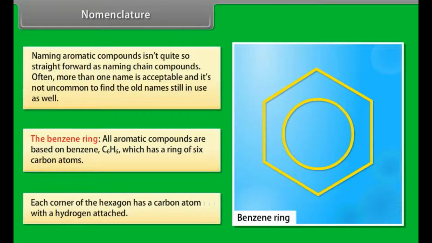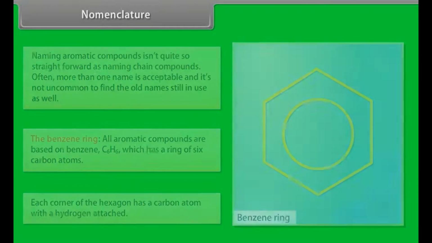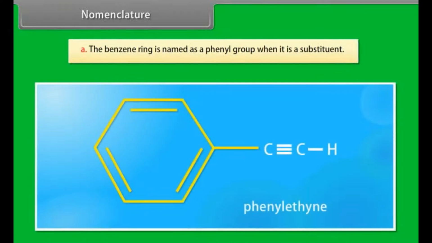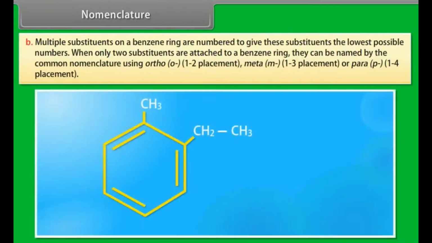Each corner of the hexagon has a carbon atom with a hydrogen attached. A. The benzene ring is named as a phenyl group when it is a substituent. B. Multiple substituents on a benzene ring are numbered to give these substituents the lowest possible numbers.